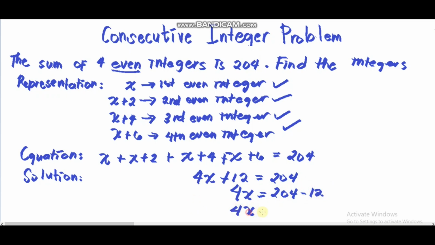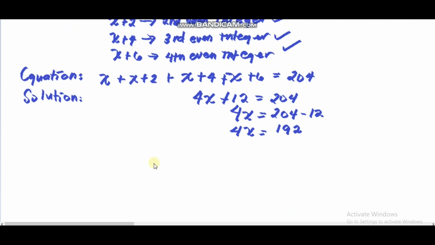Thus, that is equal to 192. Okay, going down. Divide both sides by 4. So your x is simply 48. So our representation is x is 48.